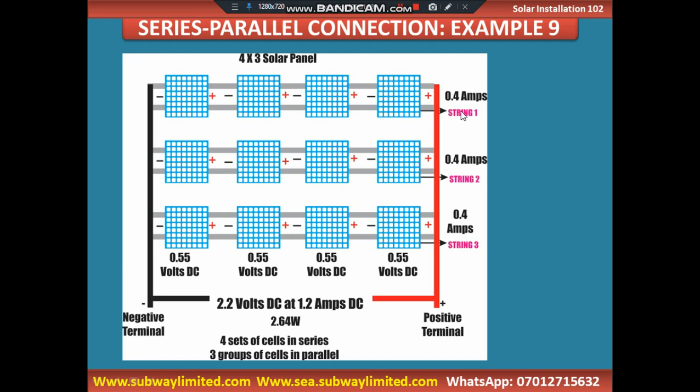And this is your string 1, this is your string 2, this is your string 3. And at the end of the day, each of them is 0.4 amp. Then let me calculate on this.